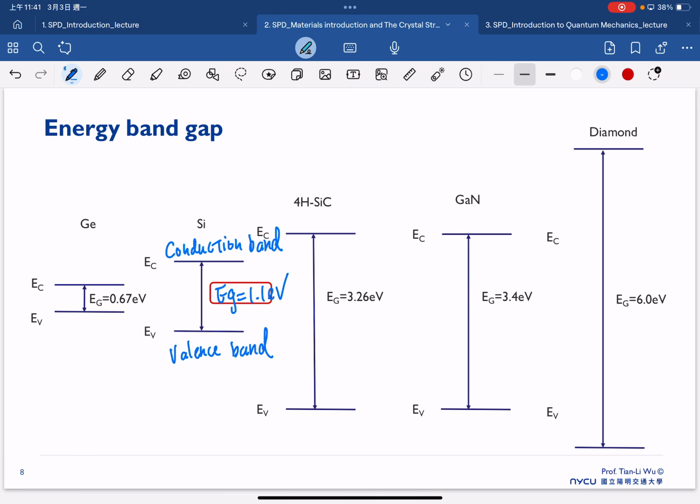For example, germanium only has around 0.67 electron volts, which we consider a small band gap because we compare with silicon. So this is a small band gap.